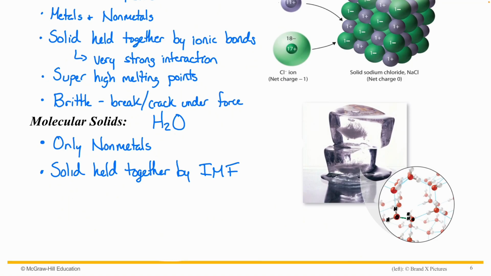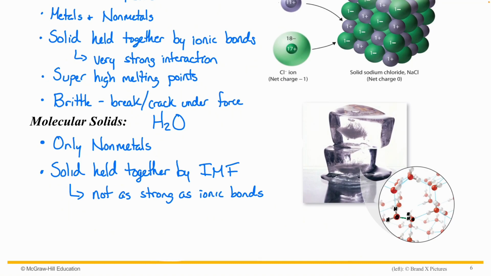In the case of ice, it's that hydrogen bonding interaction. But these intermolecular forces, which we said were way weaker than our ionic bonds. Okay? So because of that, these are not as strong of interactions compared to those ionic bonds.